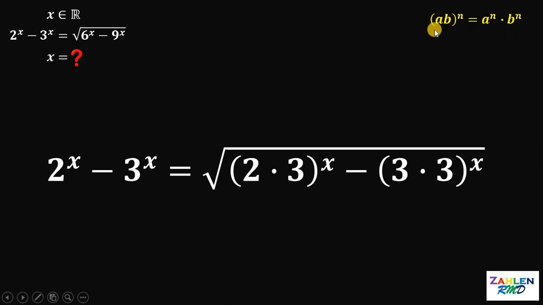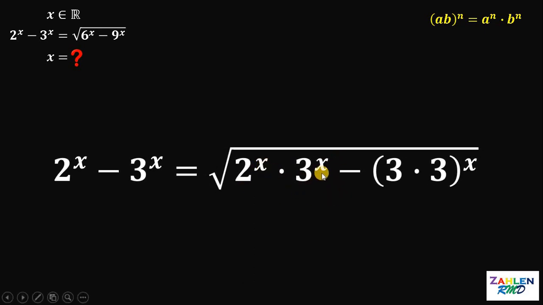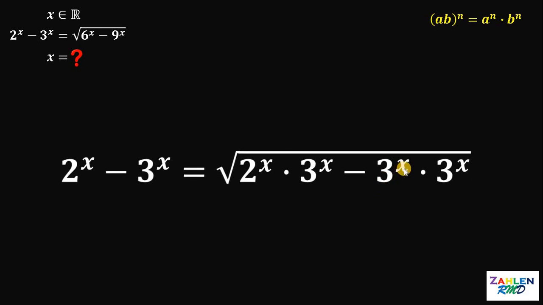Now if we have ab raised to n, it is equivalent to a raised to n times b raised to n. Therefore, this 2 times 3 raised to x can be written as 2 raised to x times 3 raised to x. And this 3 times 3 raised to x can be written as 3 raised to x times 3 raised to x.